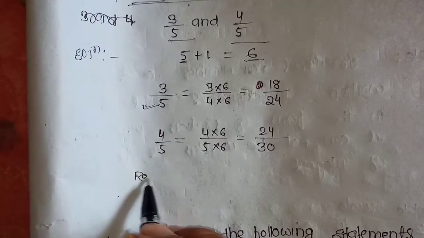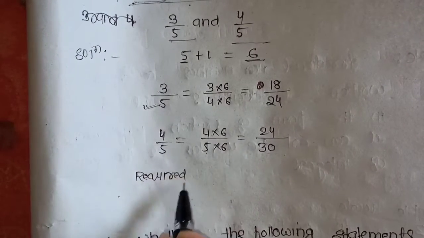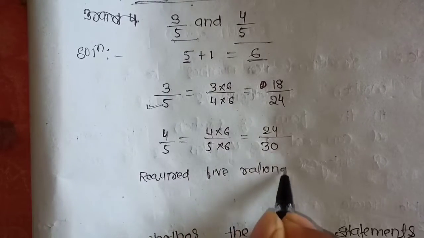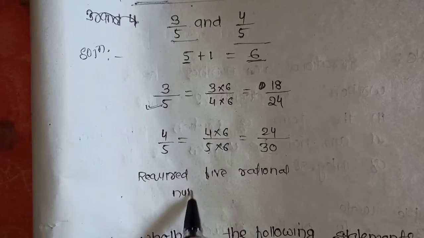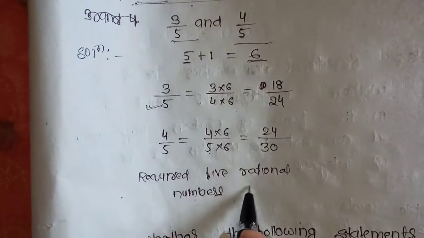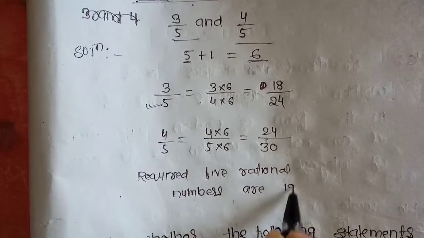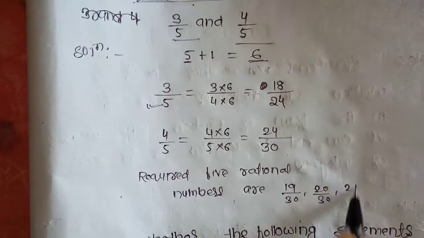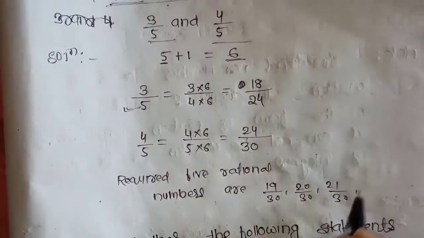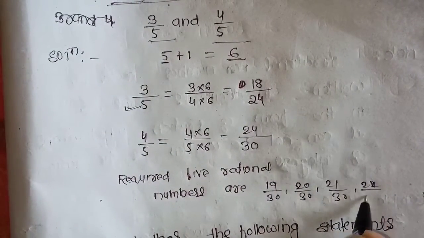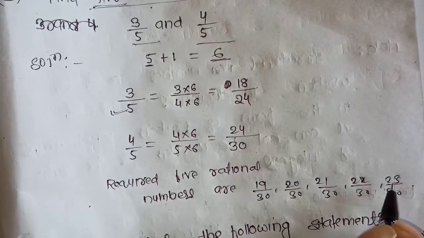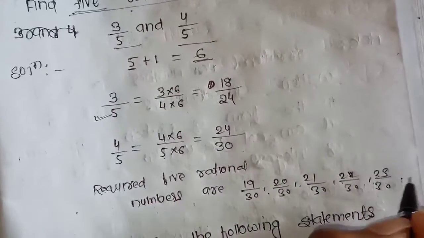The required 5 rational numbers are 19 by 30, 20 by 30, 21 by 30, 22 by 30, 23 by 30. How many rational numbers? 1, 2, 3, 4, 5. Okay, this is our answer.